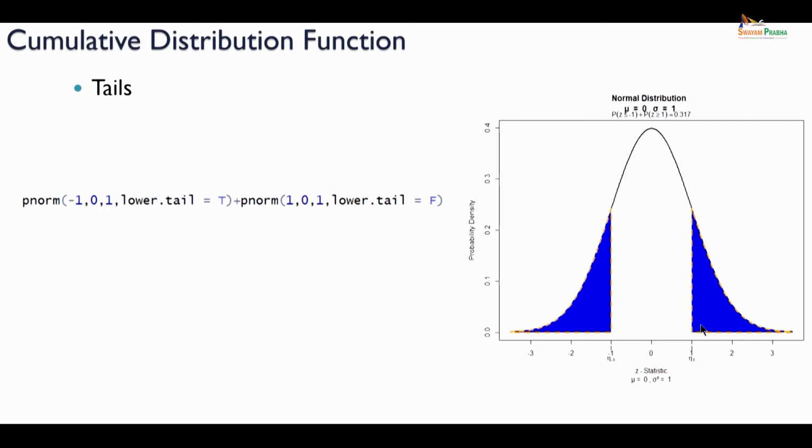So, this is the small catch. If you run the command you will see a value of 0.3173 being displayed in your console, and that is the value that gets displayed on top of the plot. I have shown you only for a normal distribution. You can however do this for any other distribution.